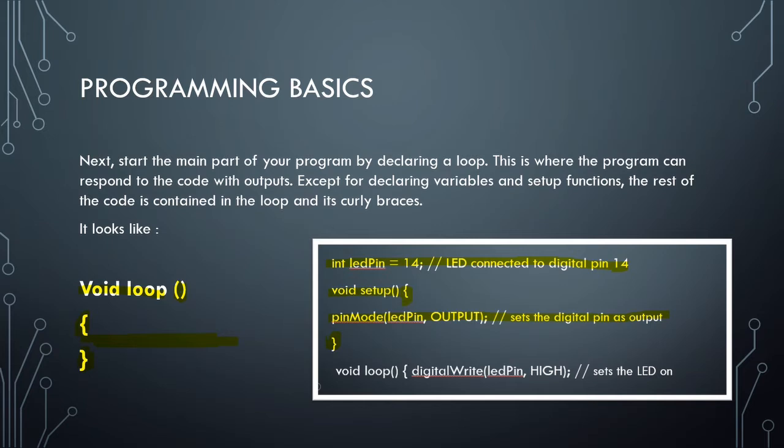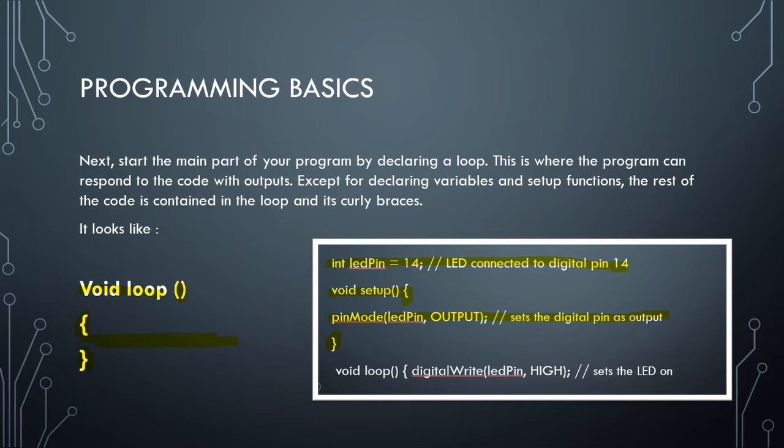Another curly brace to close that, and so after we've set this as an output, because we only need to do it one time, that's why it's in the setup. If it was in the loop, we would keep setting this as an output, which is unnecessary. And it could slow your program down too eventually if you add in too many things that you don't need to repeat. If it's needlessly repeating them, then that's wasted time cycling through those lines.